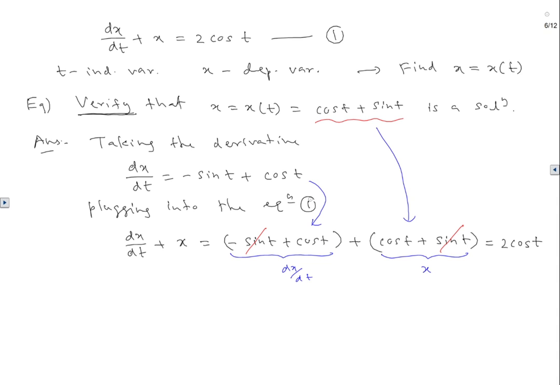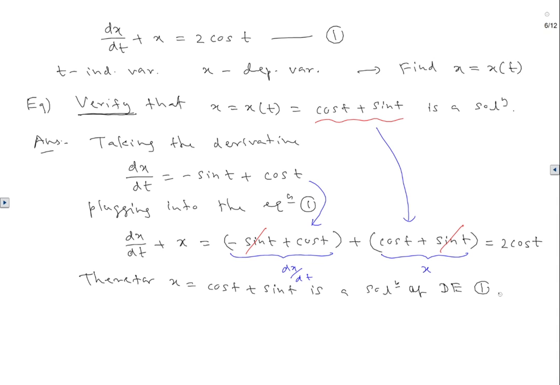So that means it satisfies the equation. You start with the difficult side and you simplify, and you get the easy side. Therefore x equal cosine t plus sine t is a solution of the differential equation 1, because it satisfies the differential equation.